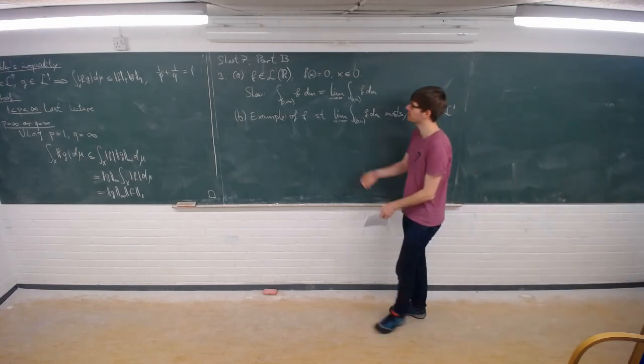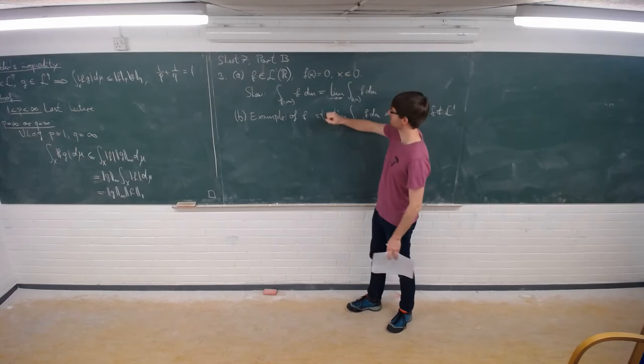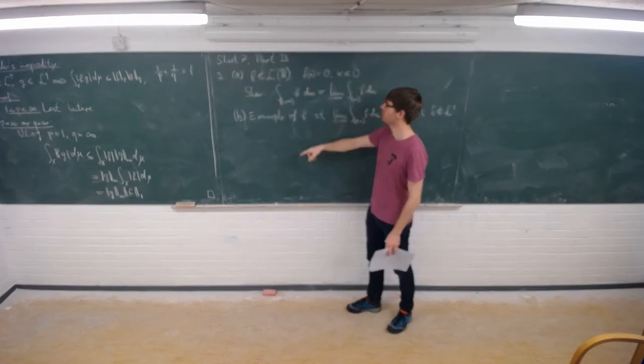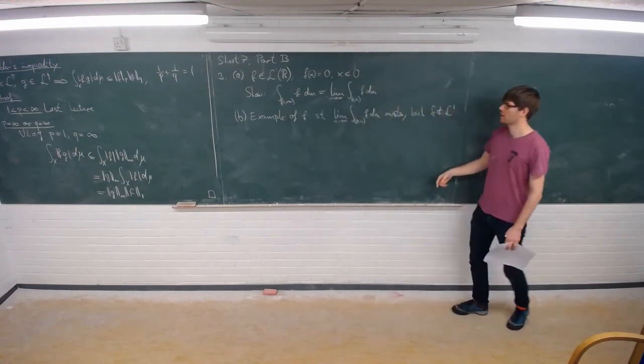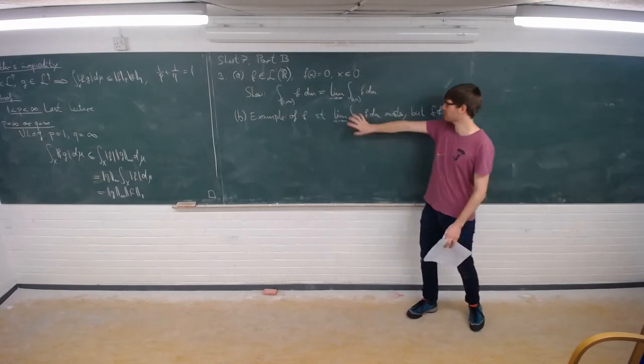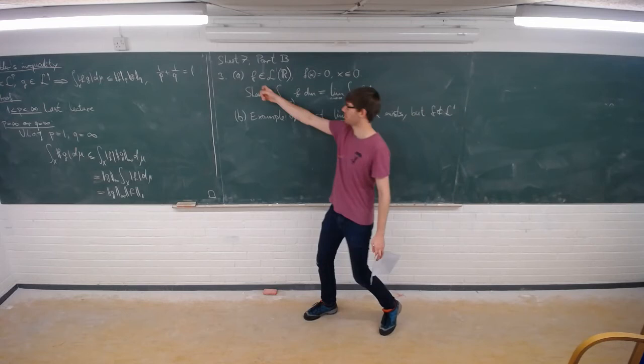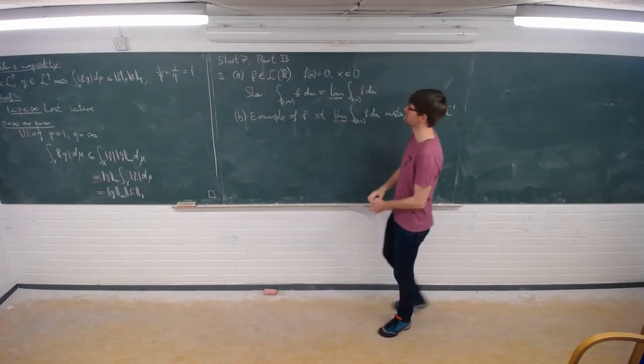Okay, so part A says if the function is in L1, then this limit exists and it's equal to the integral from 0 to infinity. But if this limit exists, part B, the function does not have to be in L1. So in part A, it's important to assume this.